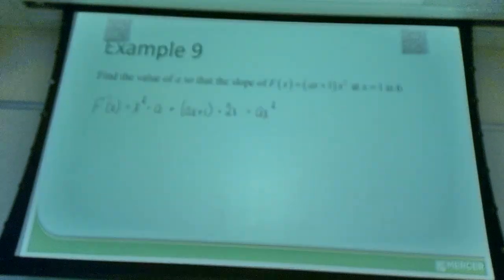Ooh, that's nice. I'll get a 3ax squared, plus 2x. That at 1 has to equal 6. Evaluate that at 1, so it has to be 6. 3a has to be 4. So a is 4/3.